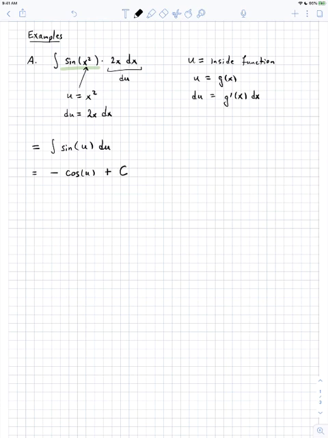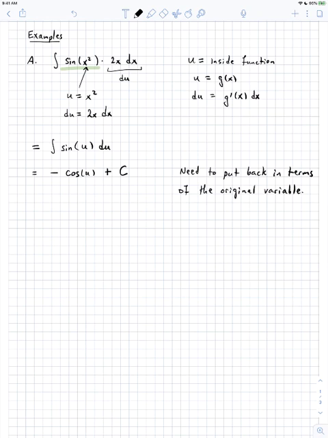Now at this point, it's very important that you don't forget to get rid of that u. The problem started with x's, so it needs to end with x's as well. So we need to put it back in terms of the original variable, which in this case is x.